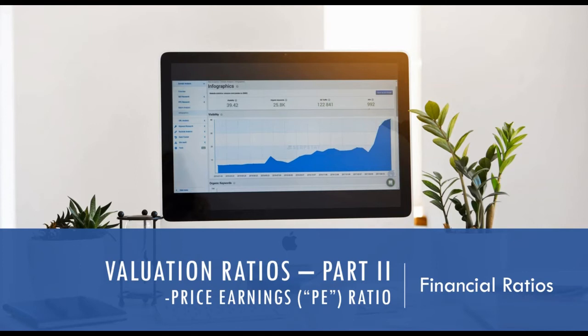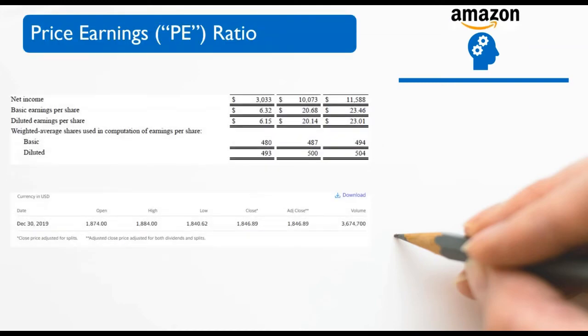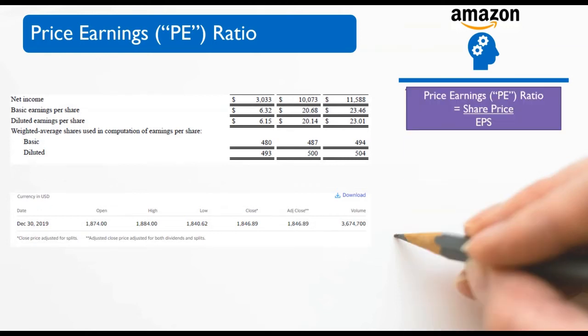Hi, welcome back. In this lecture, we will go through part 2 of the valuation ratios, where we will walk through the price-earnings ratio. On this slide, we'll calculate the price-earnings ratio, or PE ratio, for Amazon.